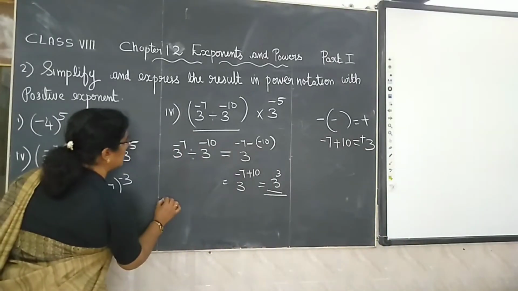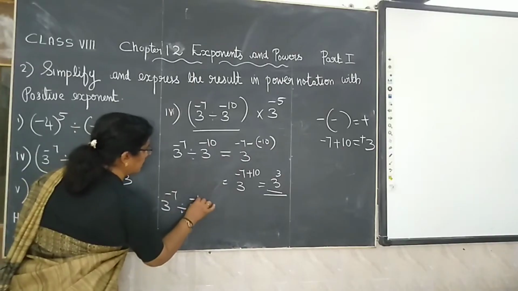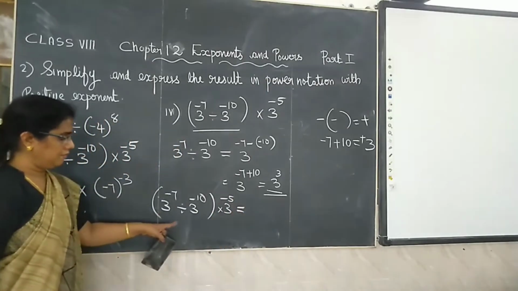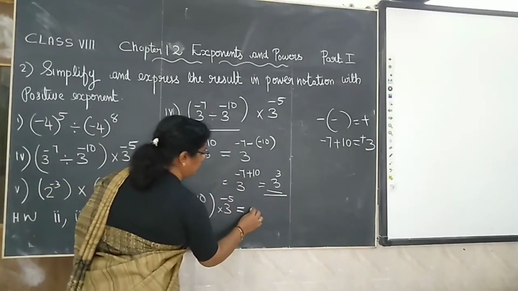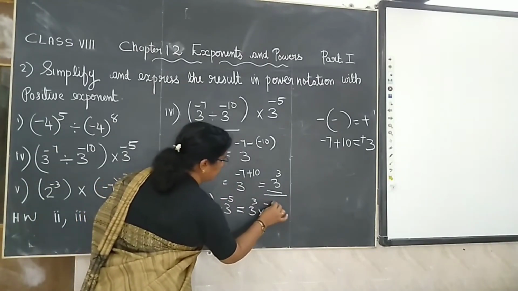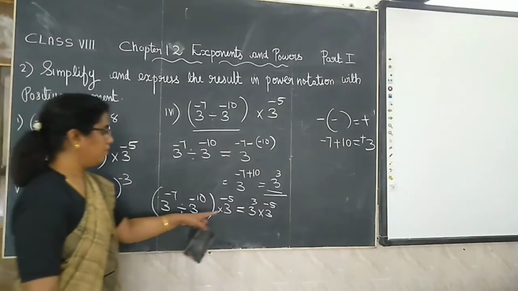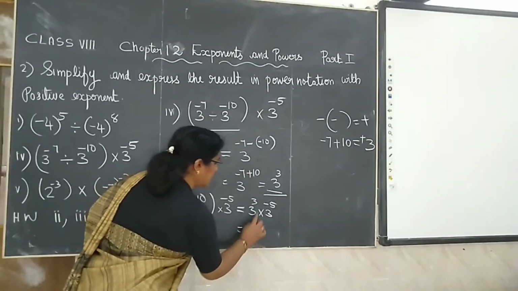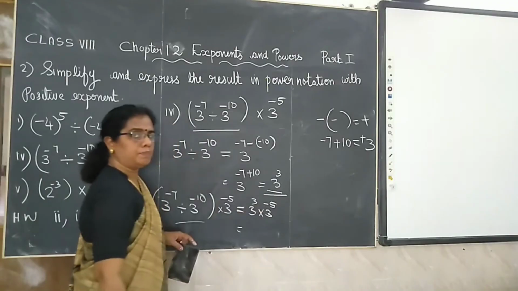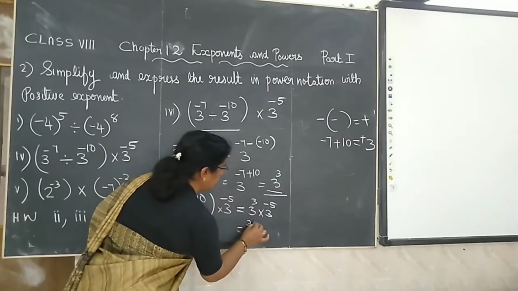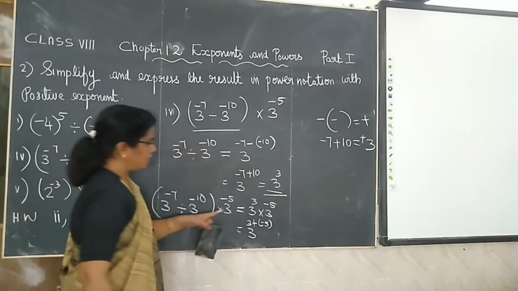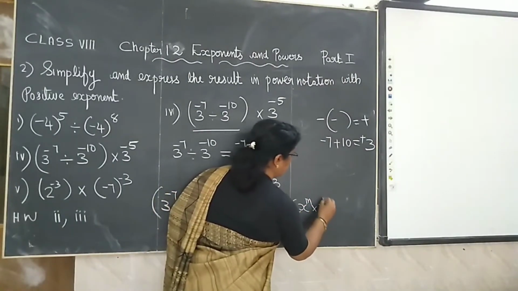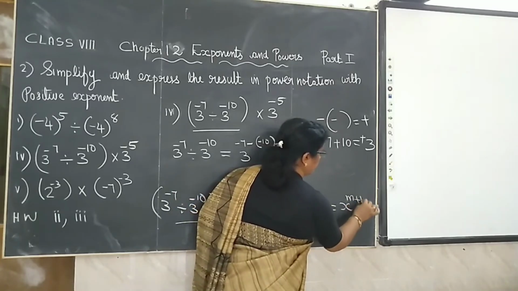Now we will write the question again: 3 raised to minus 7 divided by 3 raised to minus 10 multiplied by 3 raised to minus 5. For multiplication, if the base is the same, we use the property x raised to m multiplied by x raised to n equals x raised to m plus n.